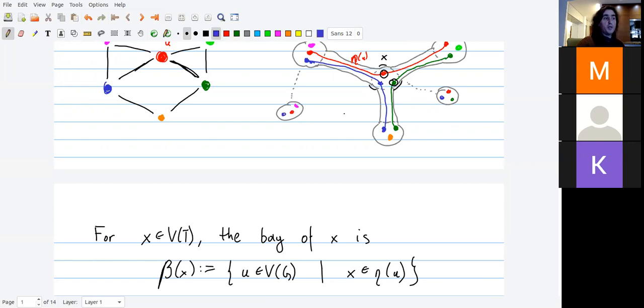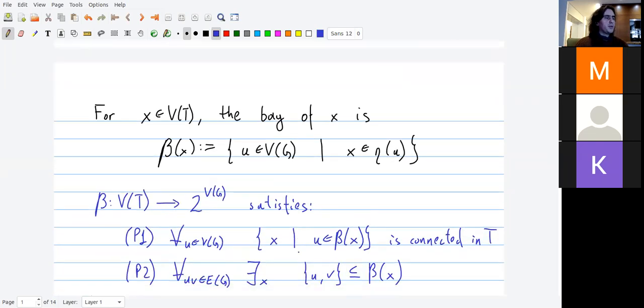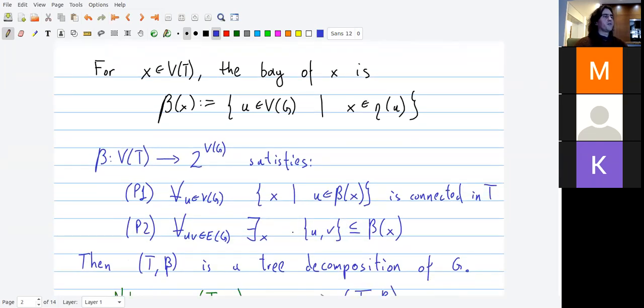So observe that these bags are not necessarily disjoint. The blue and the red are both in both of those bags. So a bag of a node is just the set of all the vertices of my graph G that contain this node in their corresponding subtrees. Let's see what this bag function satisfies.